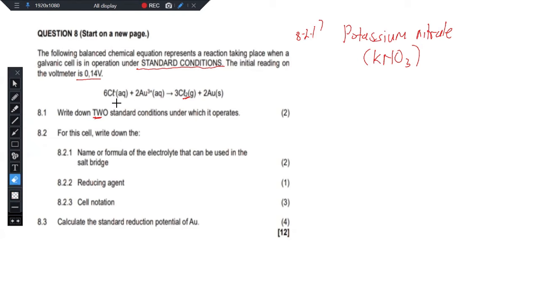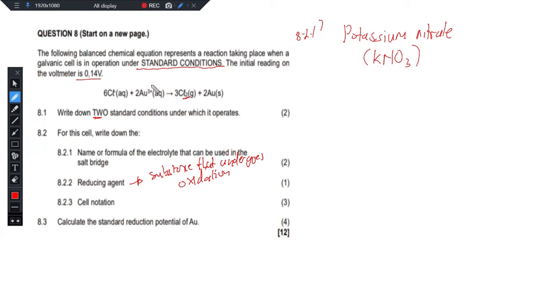8.2.2 says, give the formula of the reducing agent. Now we have to understand what is a reducing agent. This is a substance that undergoes oxidation, right? So note that reducing agent makes sure that the other substance is being reduced, gains electrons, but in turn it is being oxidized.